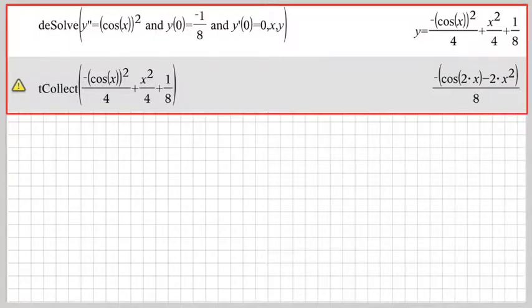So remember tCollect, it can actually save your life in some exam settings, particularly if you're doing trigonometric solves. You can get some pretty beastly looking expressions, and tCollect just cleans it all up and makes it kind of bearable and nice and neat, giving you a good feeling as if you've got the right answer after all.